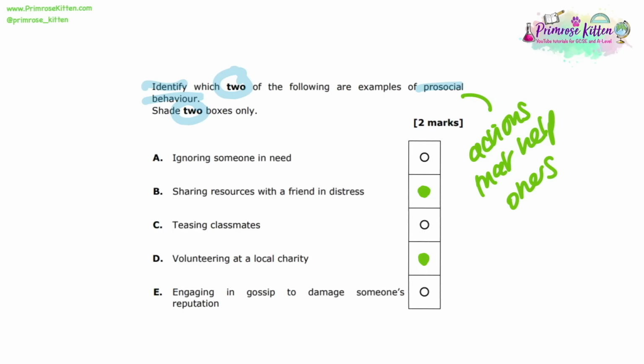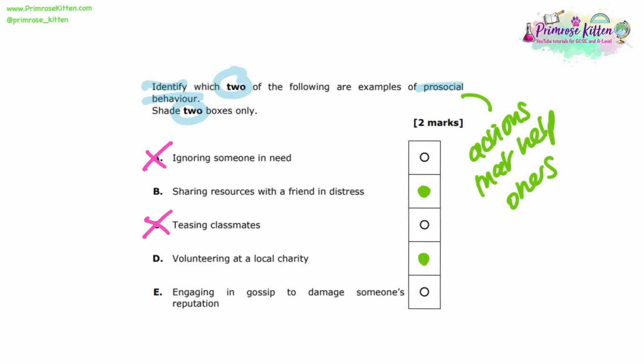Now let's just take a quick look at why the other options are incorrect. Option A, ignoring someone in need, is an example of antisocial behaviour or unhelpful behaviour because it neglects the opportunity to provide assistance and help when it is required. Option C, teasing classmates, is generally considered a form of negative social interaction because it could cause emotional distress or harm to other people, and it does not align with the concept of prosocial behaviour, which aims to promote the well-being of others.